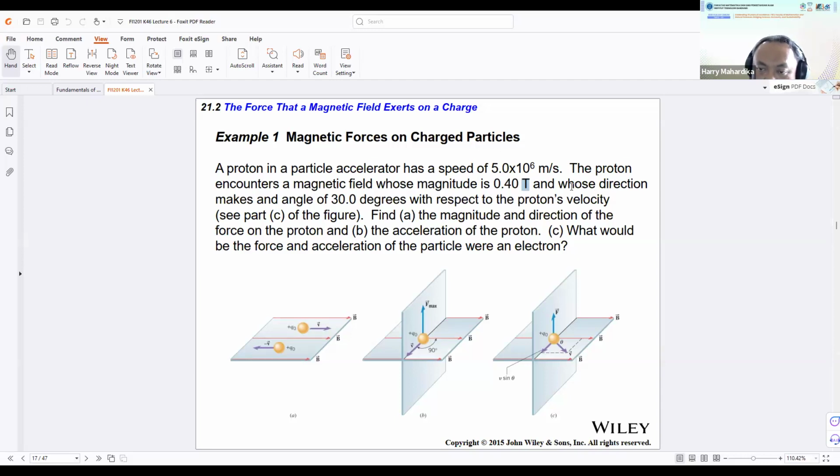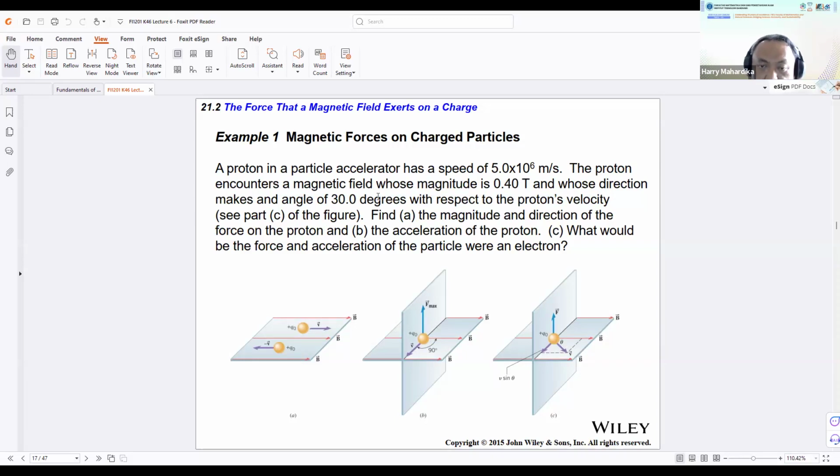The rest of the problem here: the direction makes an angle of 30 degrees with respect to the proton velocity. See part C of the figure. So in this case, the direction of the particle has a 30 degree difference with the direction of B.